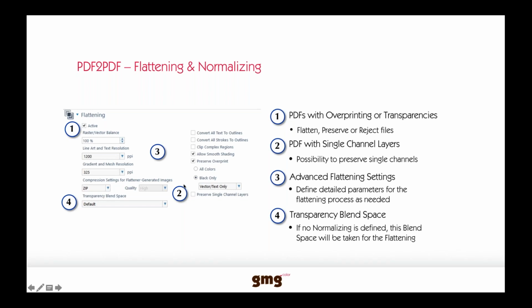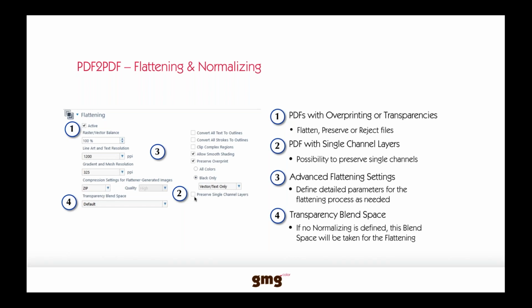Then we have, for example, this preserve single channel layers function. I think it's a very cool function because in this case, you can handle multi-language channels. For example, in retailer productions, catalog productions, you have to switch the languages from German to English, from English to French, from French to Spanish, and so on.